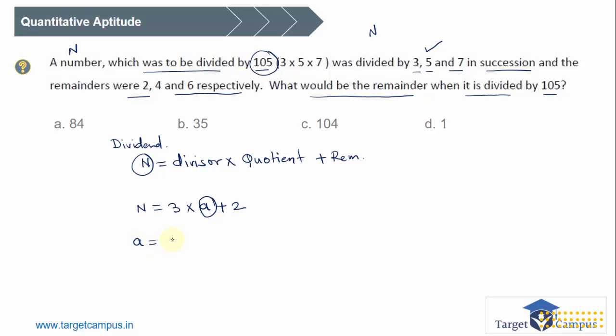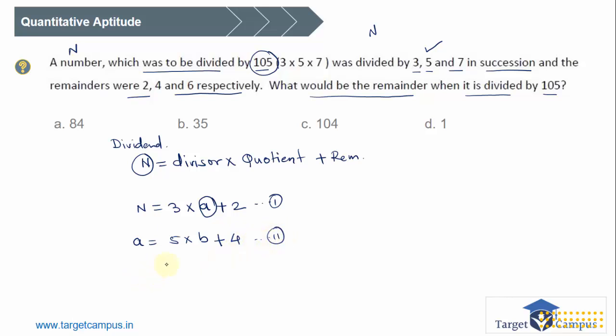Your divisor is 5 now, and let's say your quotient is b. The remainder for this step is 4. This is your second step.